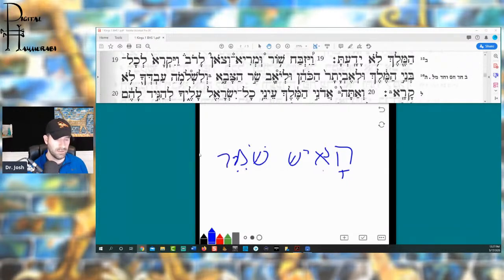Ha'ish shomer. If shin mem resh means to guard or guarding, then shomer is like the guarding one. So here it's the man is guarding something.